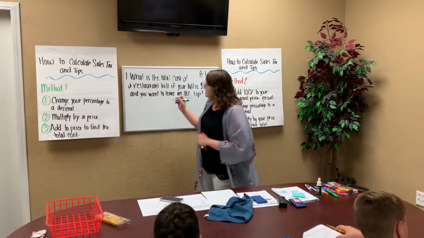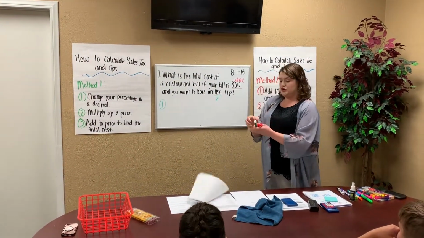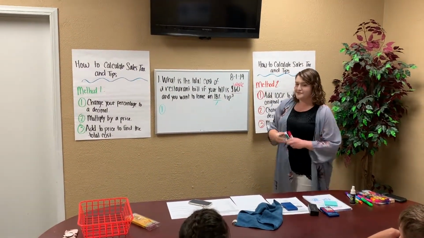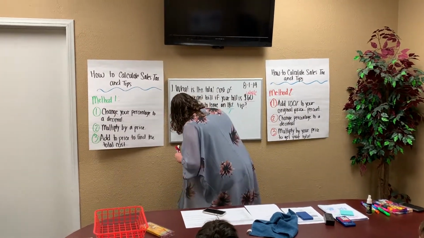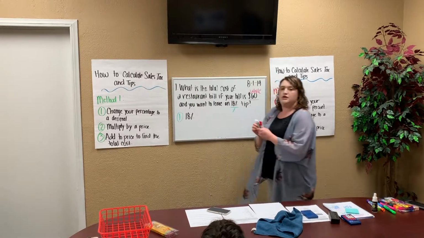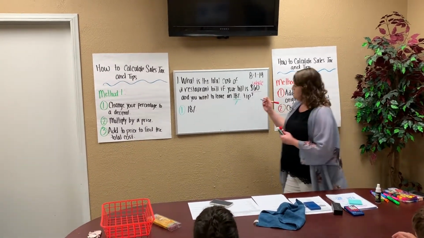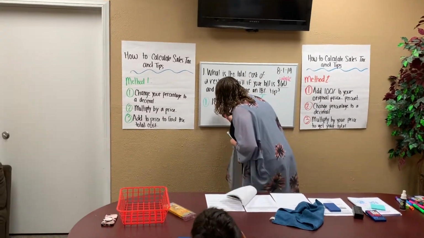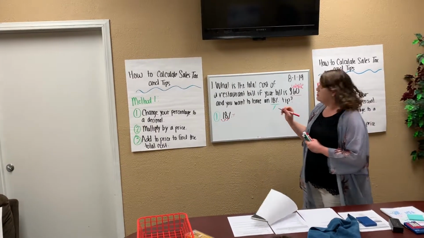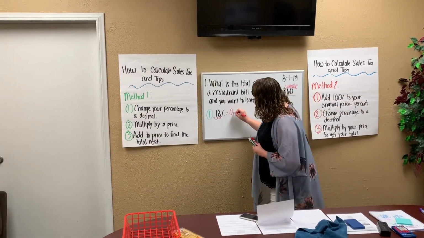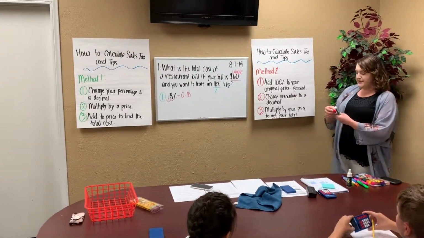Okay, so my first step, I need to change my percentage to a decimal. So I'm going to take my percentage, that is 18%. How do I change it to a decimal? I take my imaginary decimal, move it twice. And what's my new number? 0.18. Okay. What's my second step?